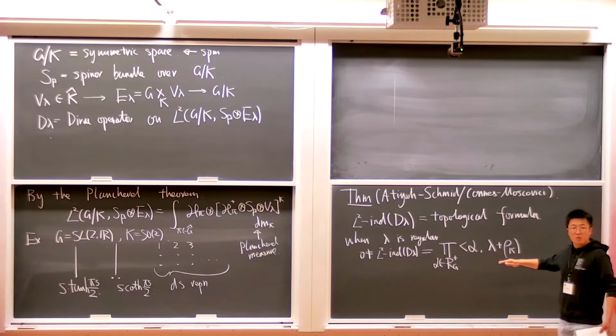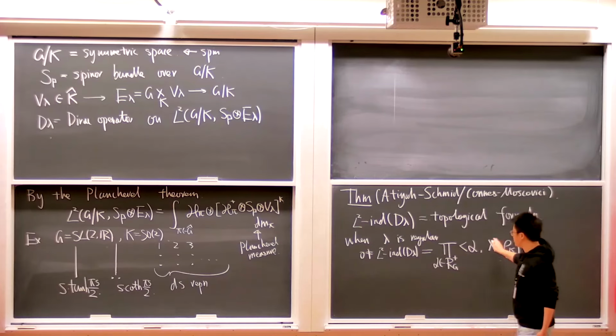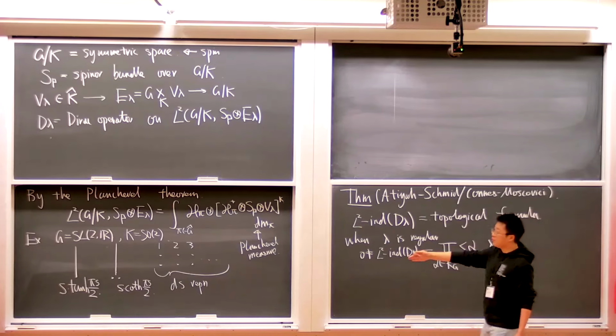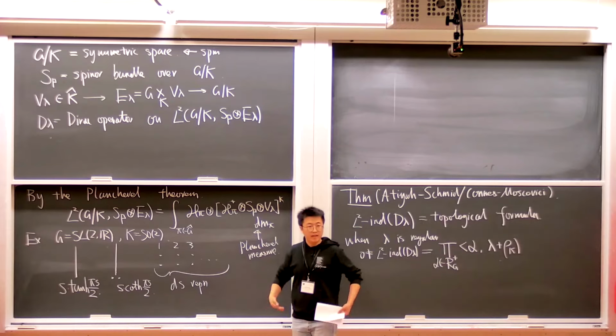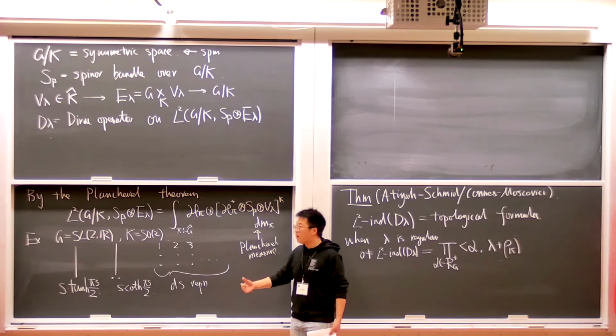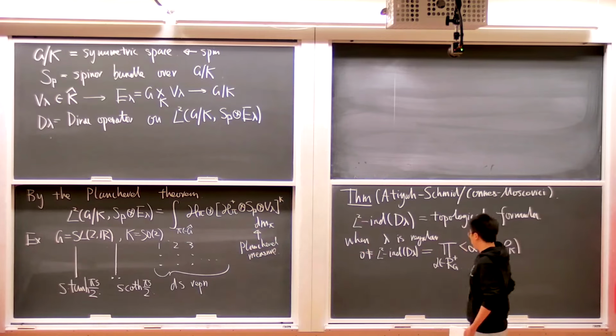And what does this mean? This is information that, using the Plancherel theorem, we can tell a priori comes from the representation theory of G. So what do you compute?